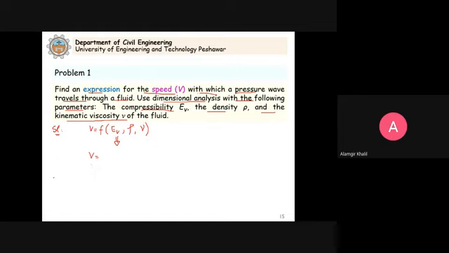So we write down a dimensionless constant, because we don't know the exact functional relationship.